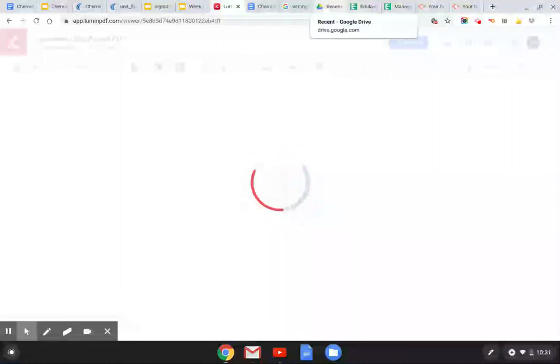We have a connectivity issue here. Trying to connect to the assignment here. Okay. Right. Okay, it's not loading.